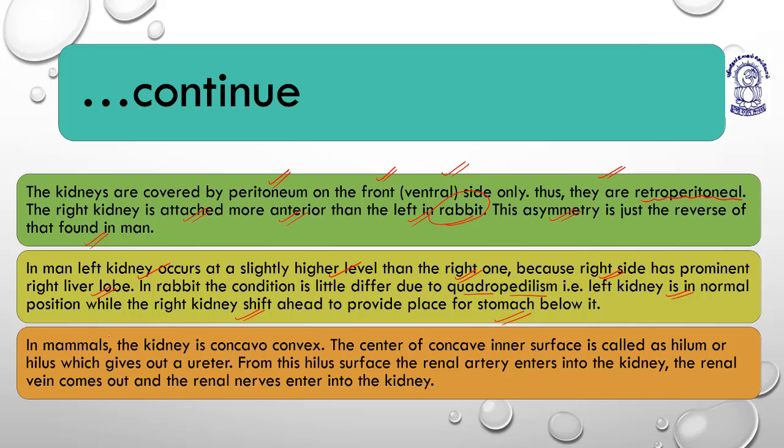In mammals, the kidney is concavo-convex. The center of the concave inner surface is called hilum or hilus, which gives out a ureter.